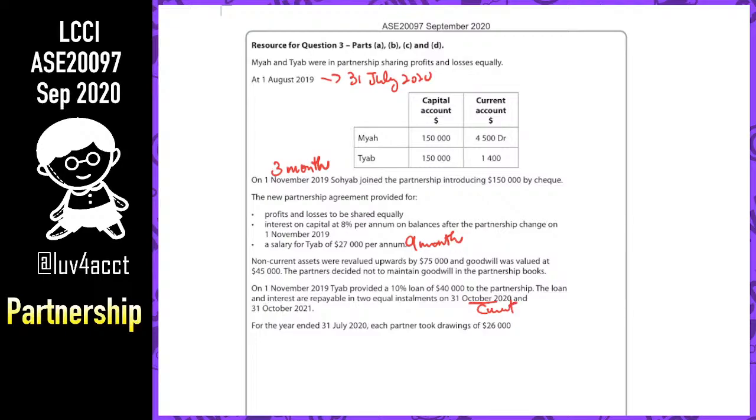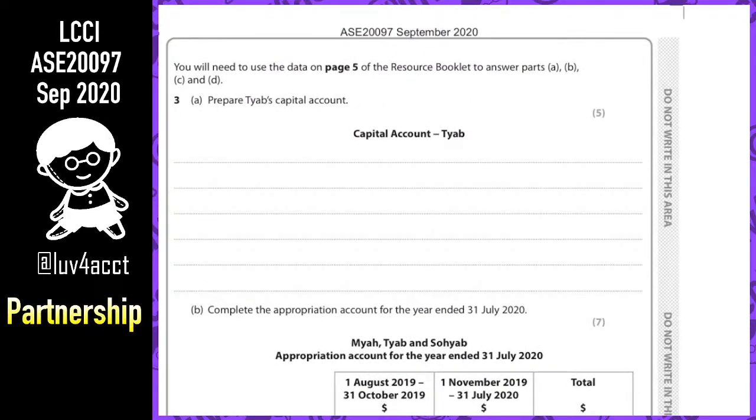For the year ended 31st July, each partner took drawings of 26,000, including the new partner, I guess. It didn't say per year, so it is a fixed amount, 26,000 of drawings. What we need to do is the partner T capital account for the year. It should mention from when to when anyway.